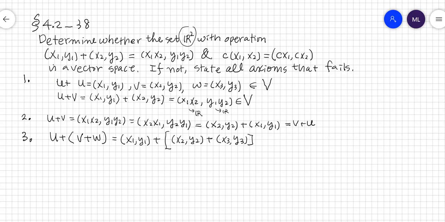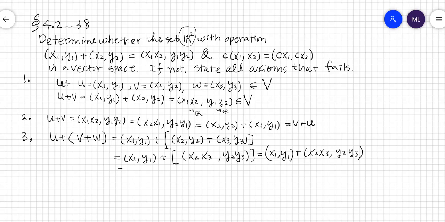So that is (x1, y1) plus (x2x3, y2y3). Then I can multiply to get (x1x2x3, y1y2y3), isn't it?